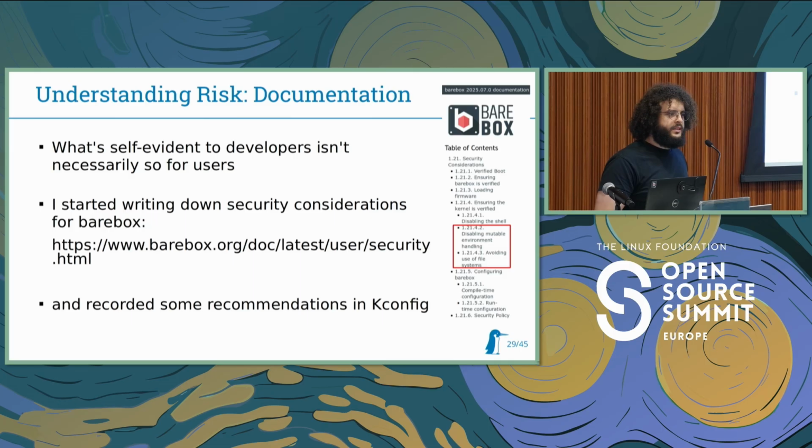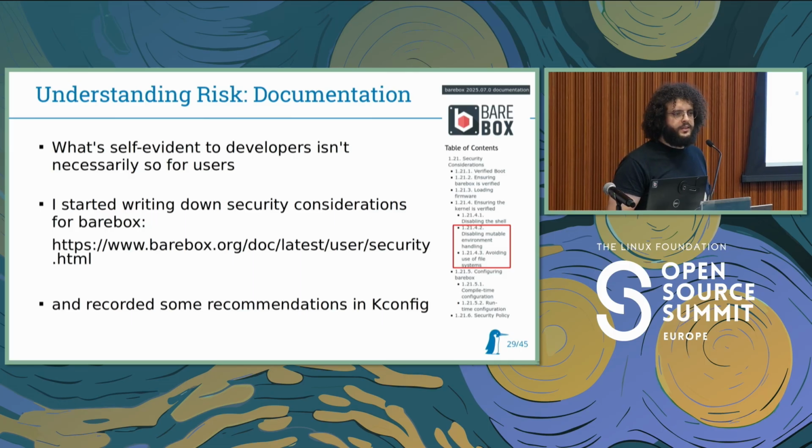And for that reason, after we fixed this issue, I started writing security documentation for the stuff that as a developer is self-evident for you, to make it accessible to users, to know what the trust expectations are, what stuff we think you should use, and what stuff we don't think you should use.